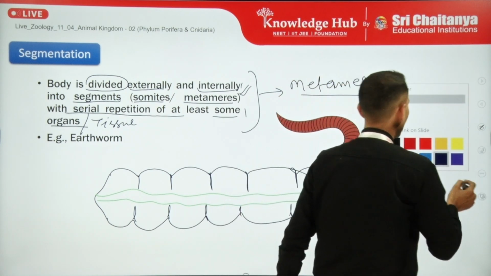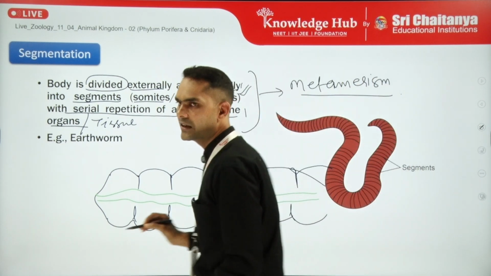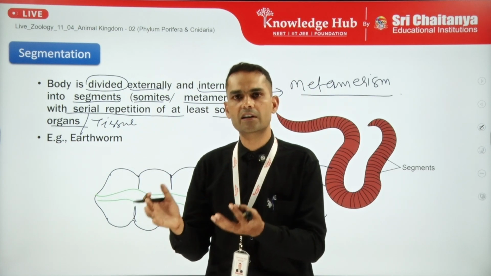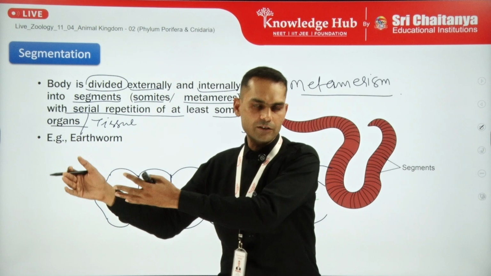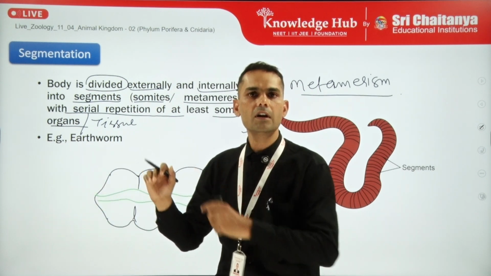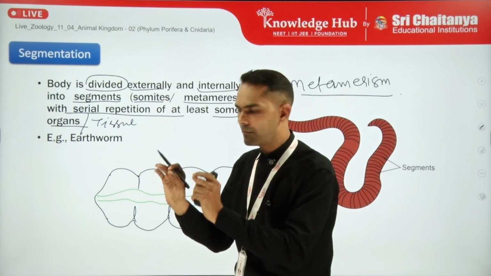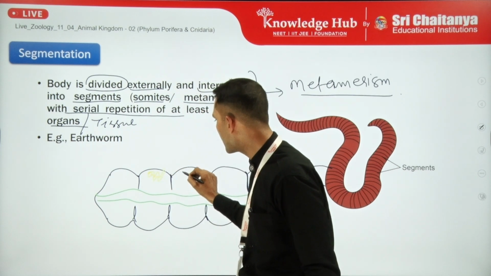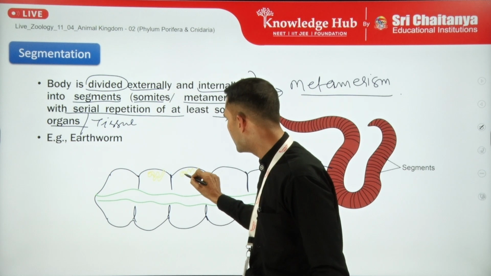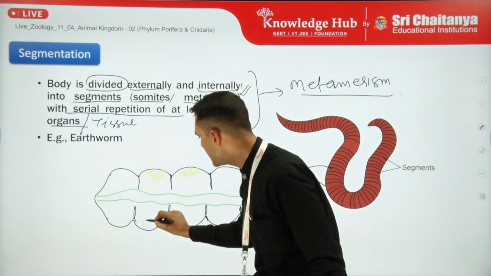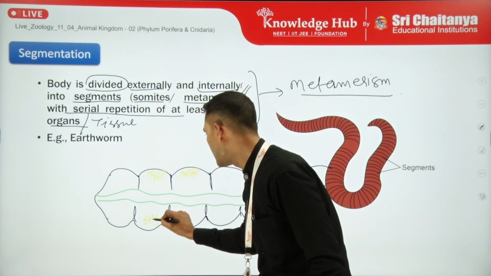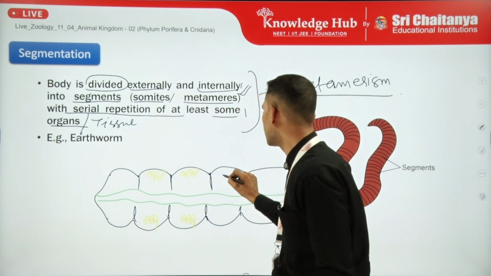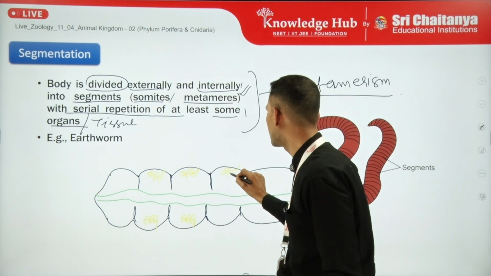So for example, I am drawing here in the name of serial repetition. We all know that Annelida has the excretory structure nephridia. It will be explained in the upcoming phylum also. So I will draw, for example, nephridia in each segment. If this is a nephridium, then there will be repetition of nephridia in each particular segment, and as a result the other condition also gets fulfilled.